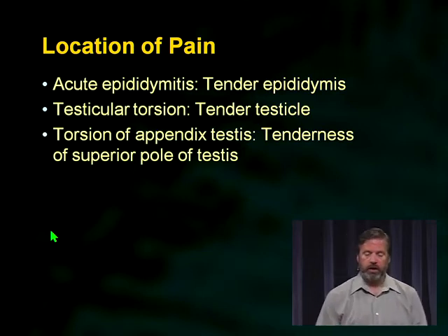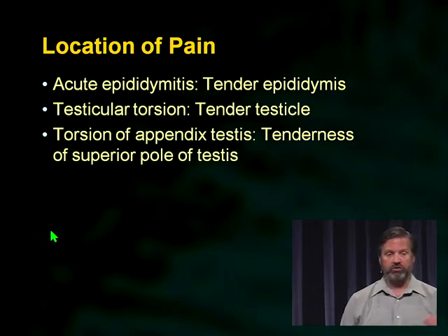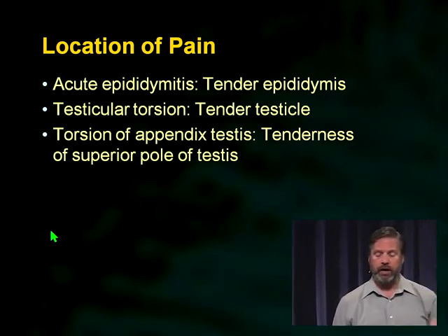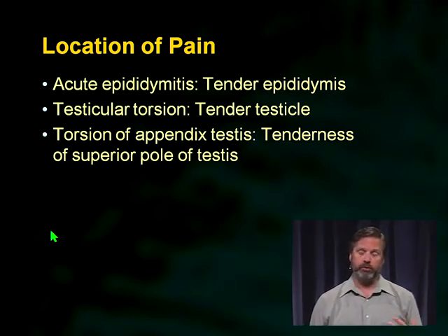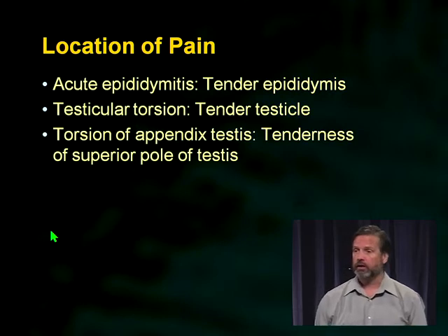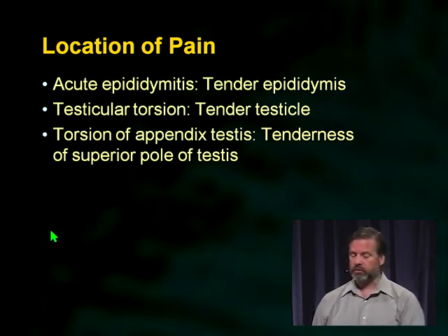So one thing that can help you is the location of the pain. Acute epididymitis, you can actually feel a tender epididymis, so that's the area on the superior outer edge of the testicle. The patient may actually help you isolate the pain to that site, and that is almost always infectious disease. Torsion, the testicle itself is going to be tender, and that's your surgical emergency.